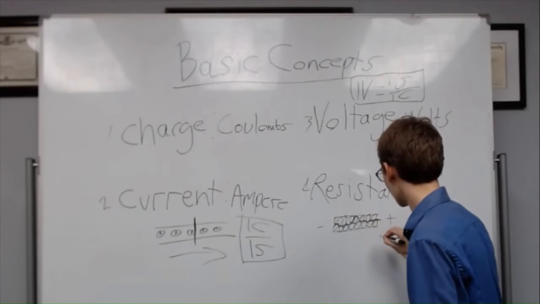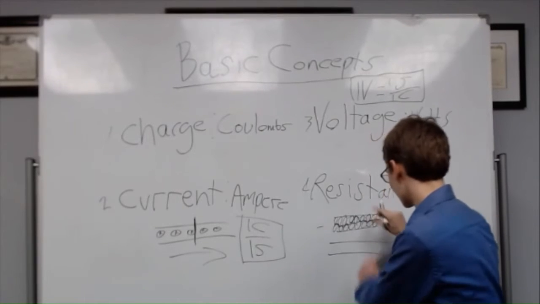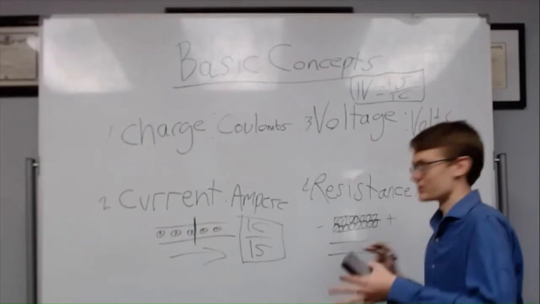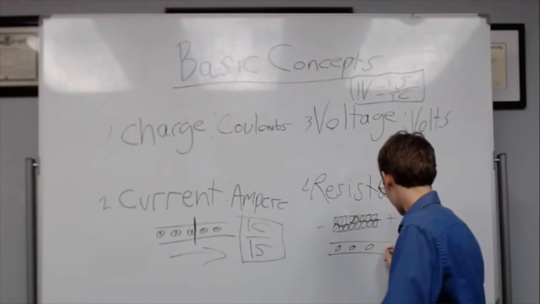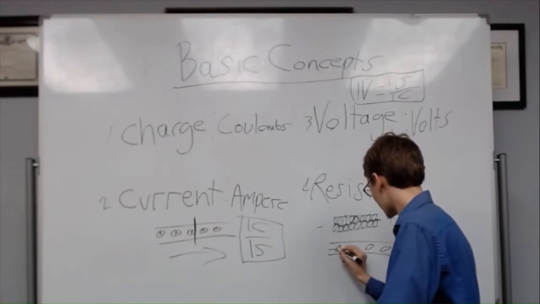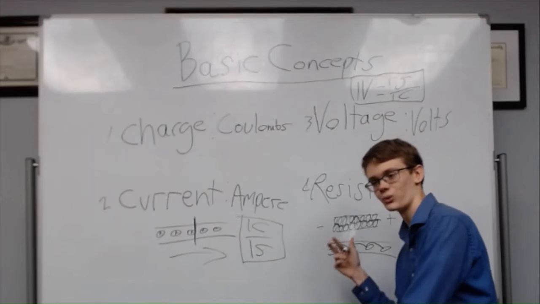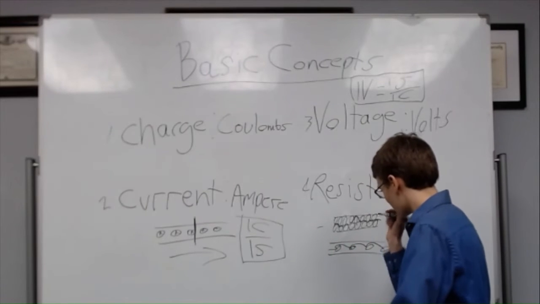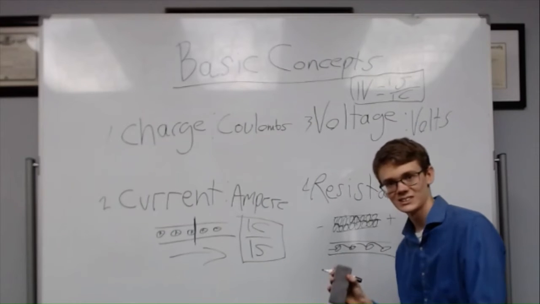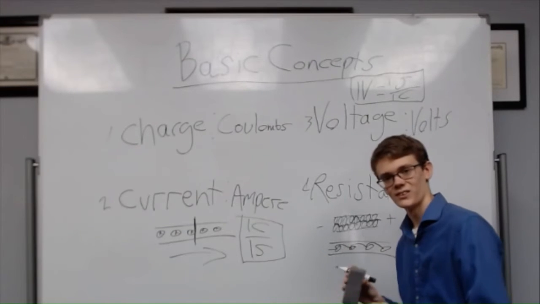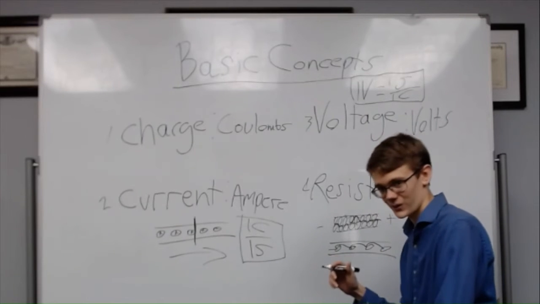As it's going along its way, this is the same wire, I'm just doing a different illustration of the same thing. But as it's going through, this electron is colliding with each proton, or with each nucleus, I should say. It keeps colliding with all these nuclei, and those collisions slow down the electron. It's not just completely free to move.